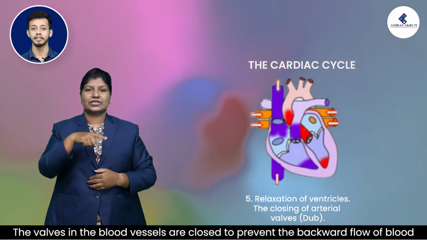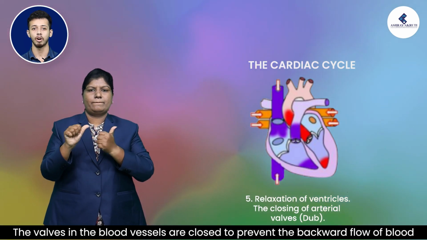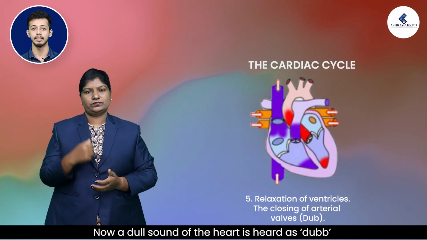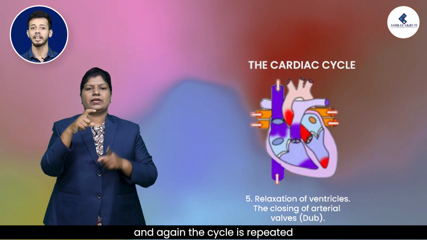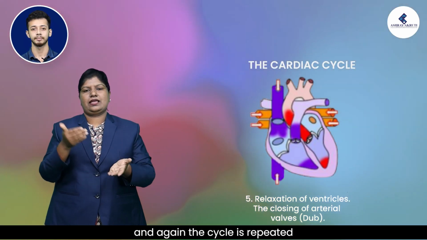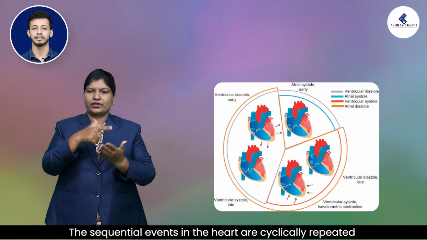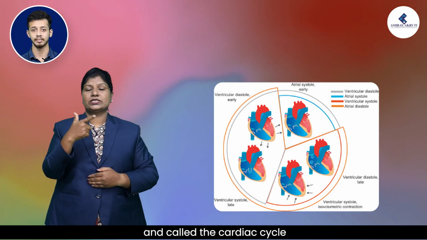The valves in the blood vessels are closed to prevent the backward flow of blood. Now, a dull sound of the heart is heard as dub, and again the cycle is repeated. The sequential events in the heart are cyclically repeated and called the cardiac cycle.